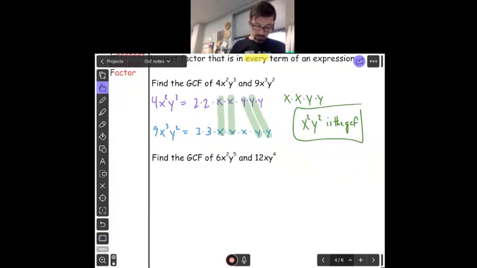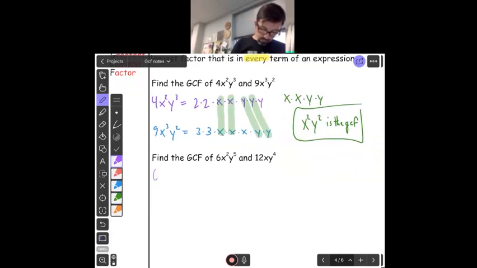Let's try that again. All right, so how would we factor 6x squared y to the fifth? How do we break it down? 6x squared y to the fifth.